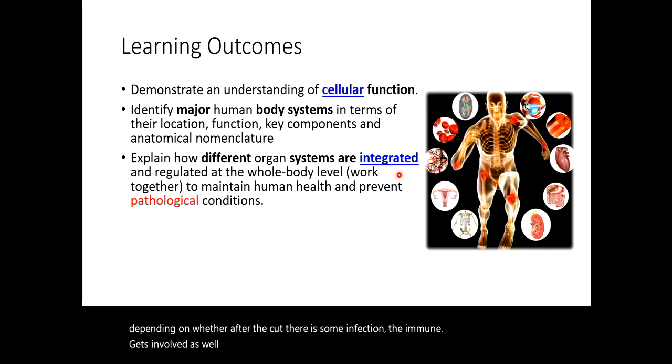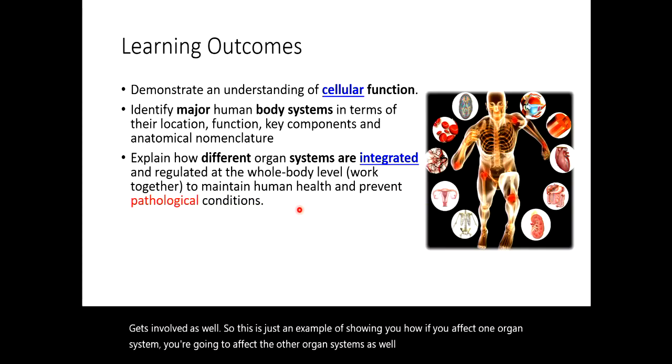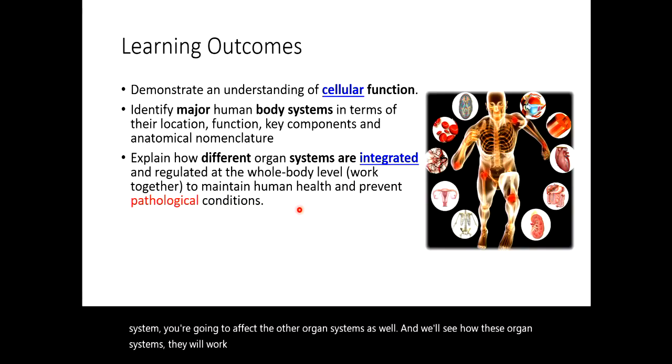So this is just an example of showing you how if you affect one organ system, you're going to affect the other organ systems as well. We'll see how these organ systems work together to maintain health and to prevent pathological conditions.